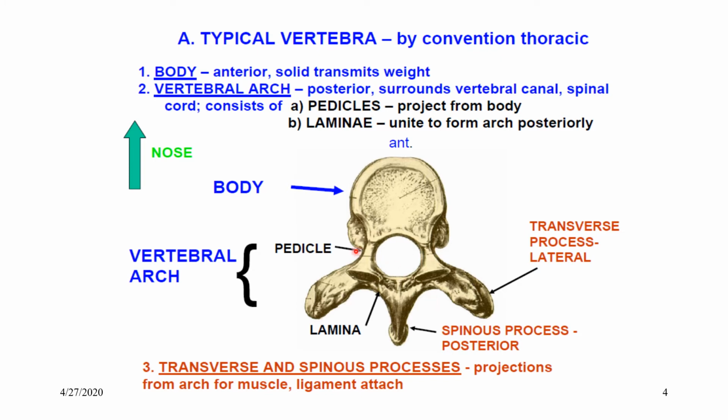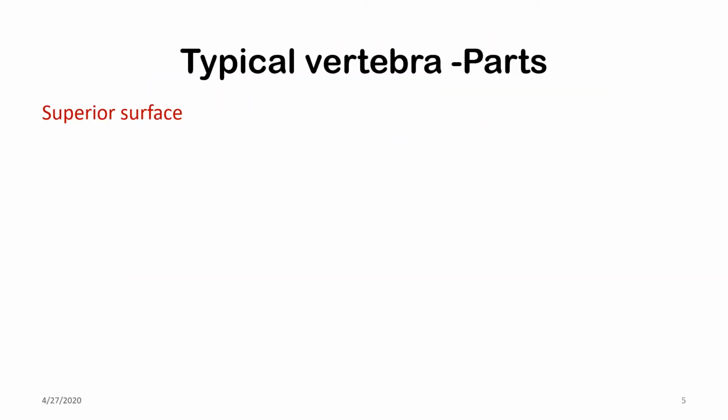These processes are seen at the junction of the pedicles with the laminae. The total processes are 7 in number, of which 3 are paired and 1 unpaired. The unpaired is the spinous process. The paired are the transverse processes, superior articular processes, and inferior articular processes.